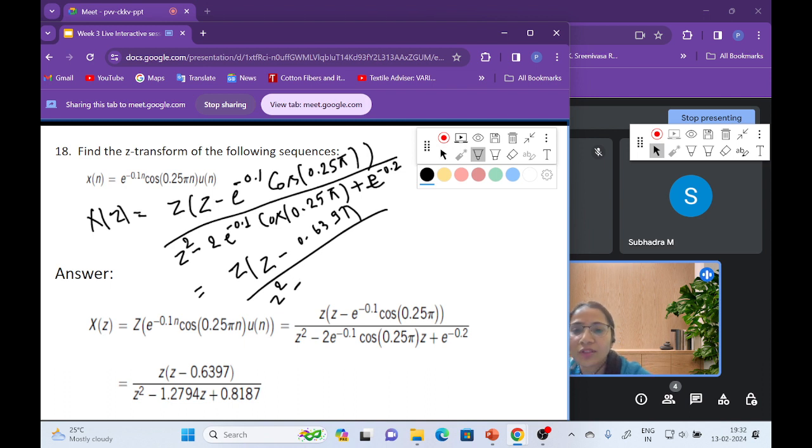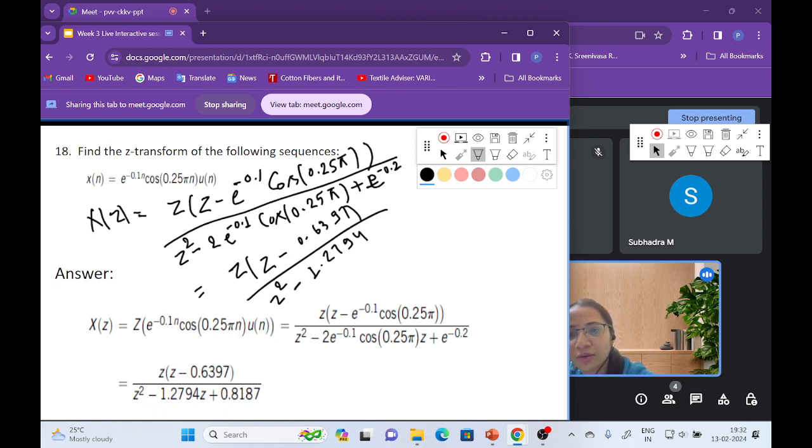Then find out cos 0.25 pi and e to the power minus 0.1 value and multiply with 2, it will come to 1.2794.